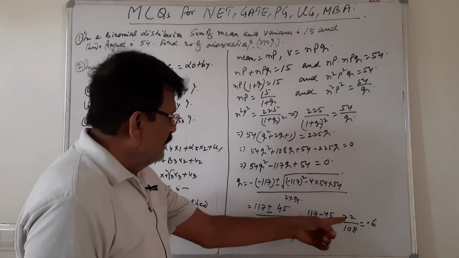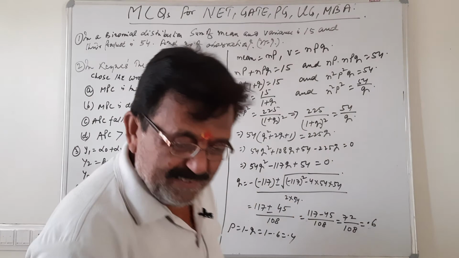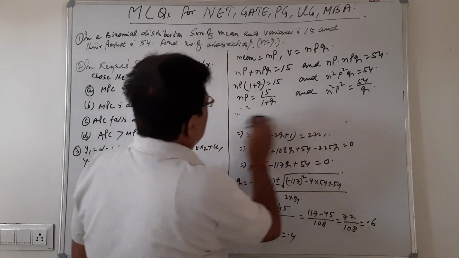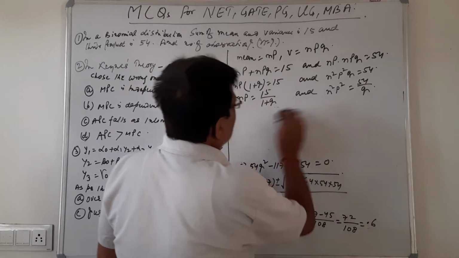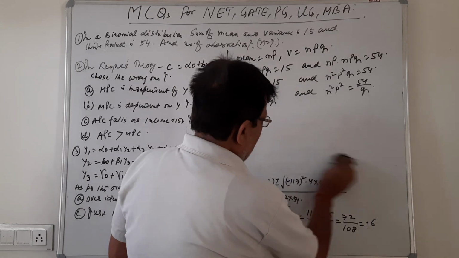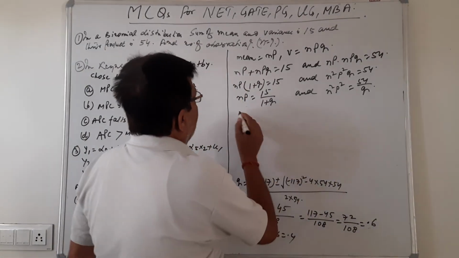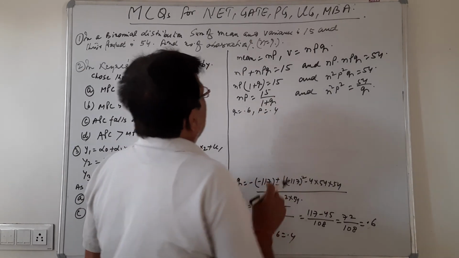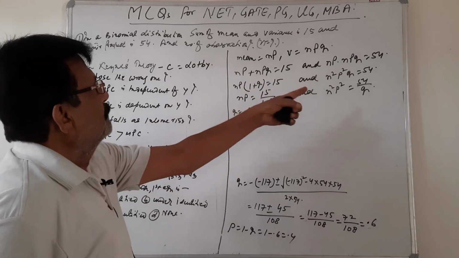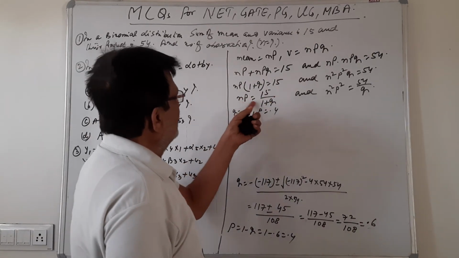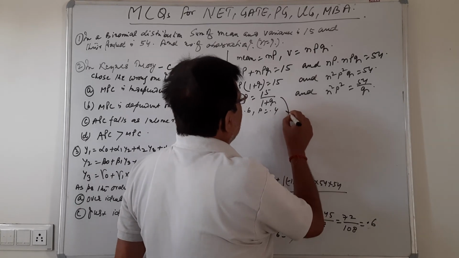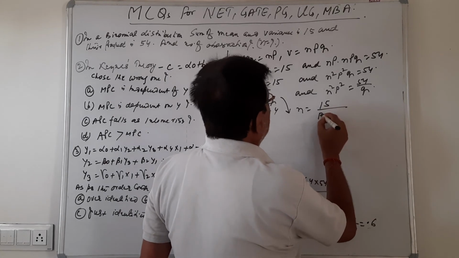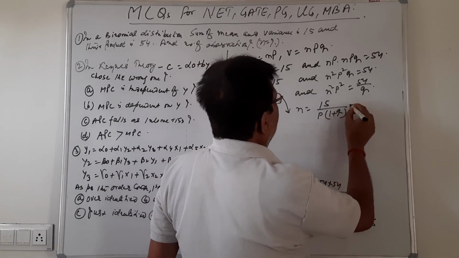Now we have got the value of q and p. Now q is 0.6, p is 0.4. Now from any of the equations we shall get the value. So from this one, n is 15 by p into (1 plus q).